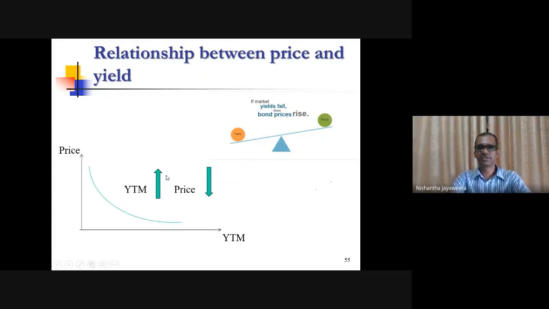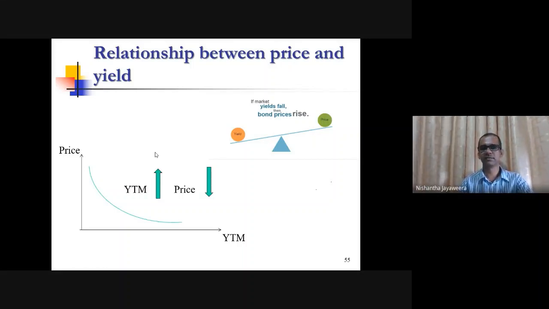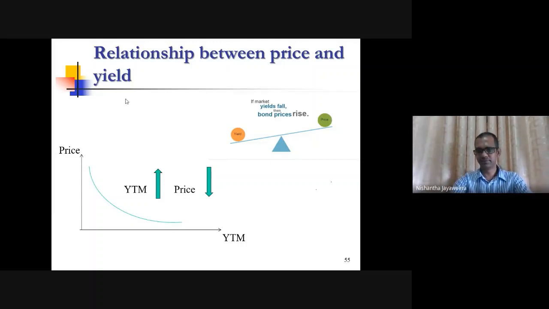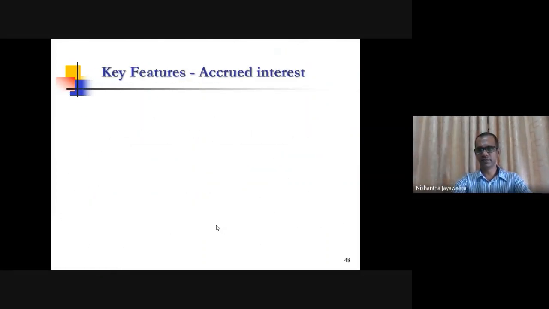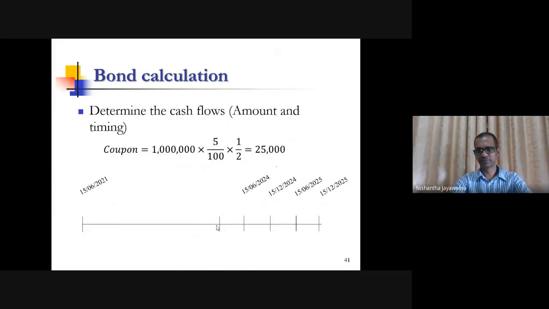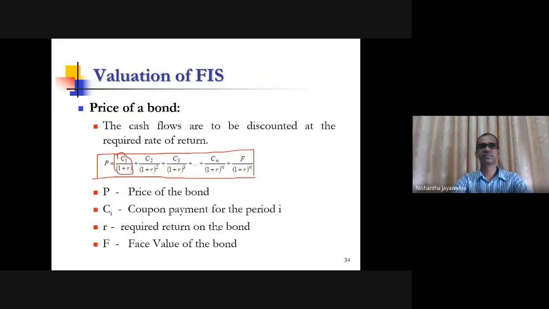So here we discussed the relationship between yield to maturity and price. When yield to maturity increases, price decreases, and it's not a linear relationship, it's a convex relationship due to this equation. See this equation, this is not a linear equation. P and R are not linearly related.